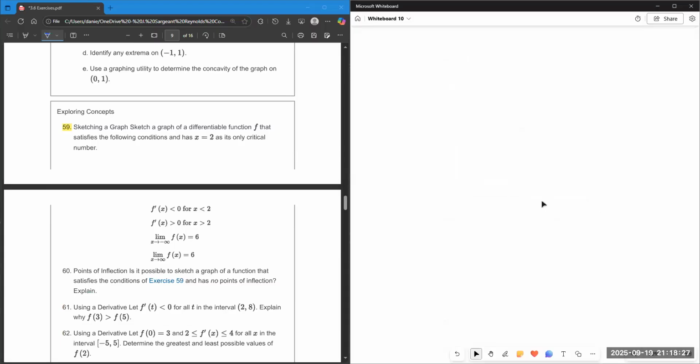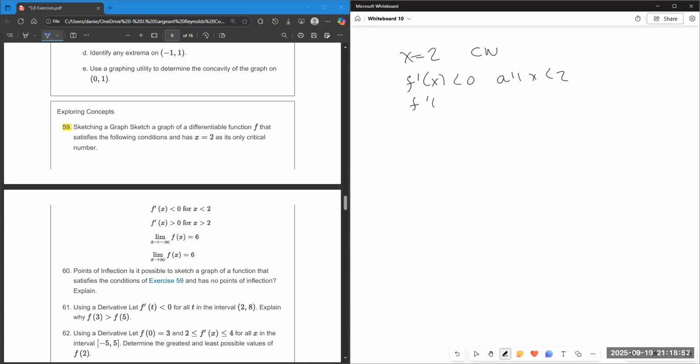I think this is going to wrap it up. Sketching a graph of a differentiable function that satisfies the conditions: x equals 2 is the only critical number. F prime of x is negative for all x less than 2.